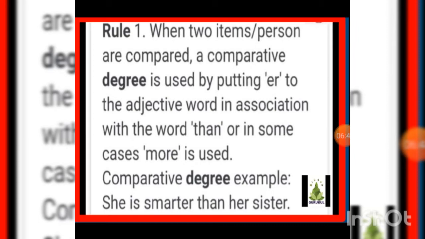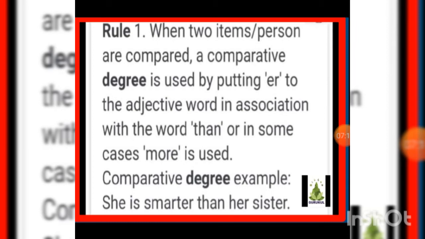Now, what the rule says is, children, the comparative degree is used when two things or two persons are compared with each other, and in comparative degree, children, we are adding er to the adjective form of a word. For example, you can see in this slide, she is smarter than her sister.